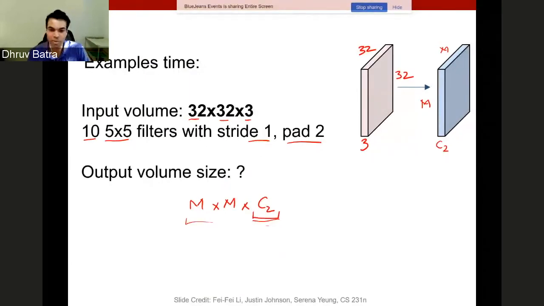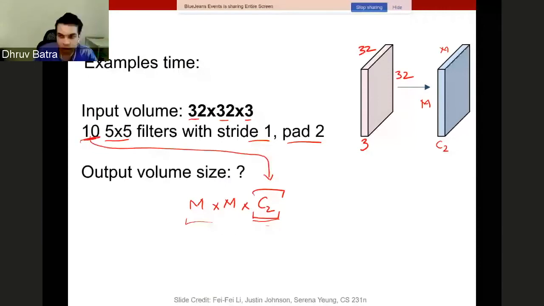I see some answers already. 32 by 32 by 10, 32 by 32 by 10. Yep, that is correct. So the 10 part is pretty easy. That's just coming directly from the fact you took 10 filters. You take 10 filters, you're going to get 10 of those as the channels in the output.